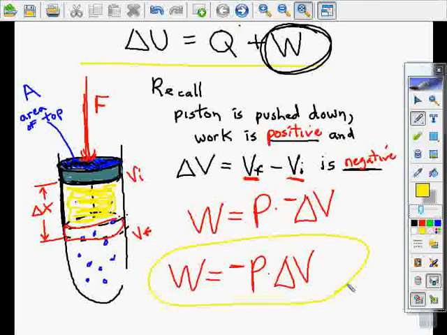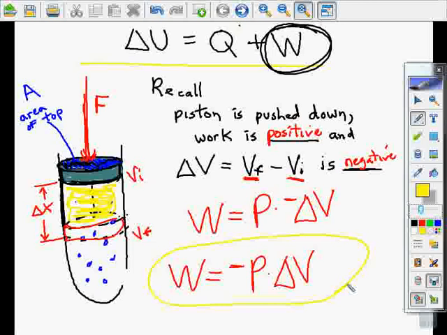The way I just taught you, where the work is positive when the piston is pushed down, is the College Board convention. That's how it's done on the AP exam. That's how you have to report your answers on the AP exam. So that's how we're always going to do it. We're going to practice that way.